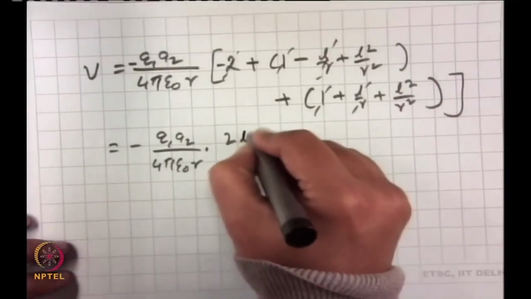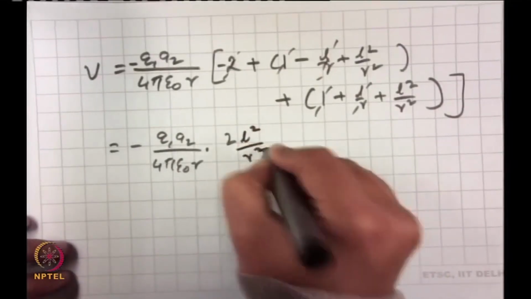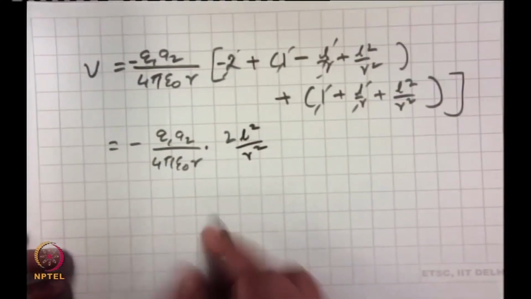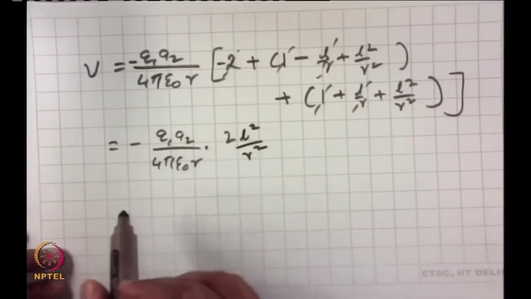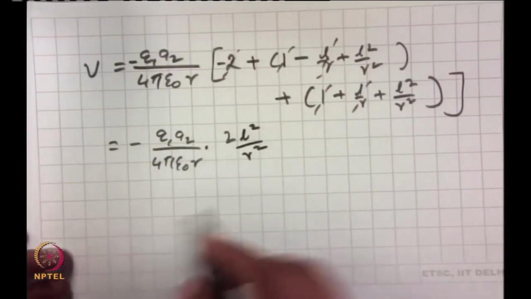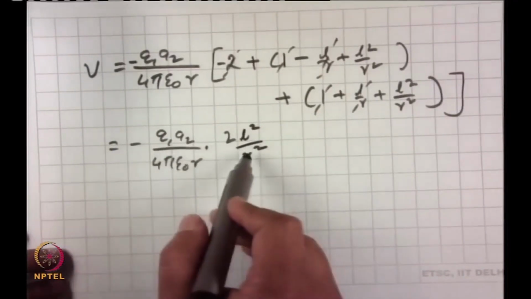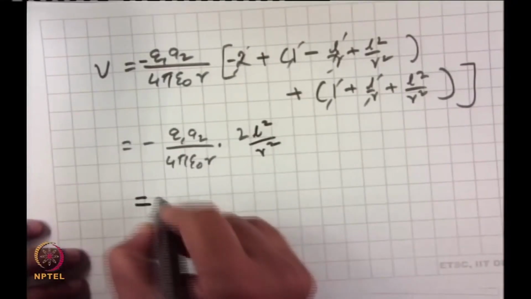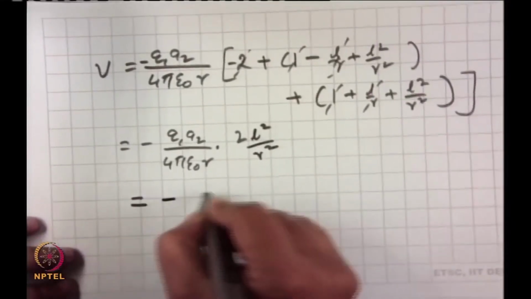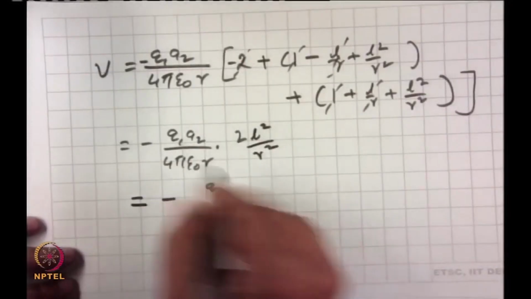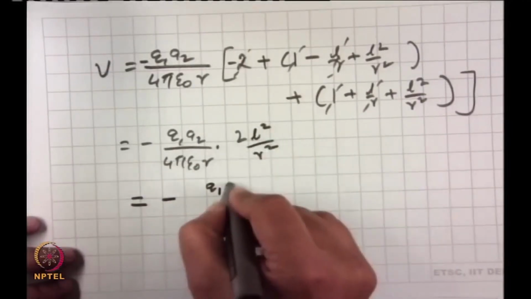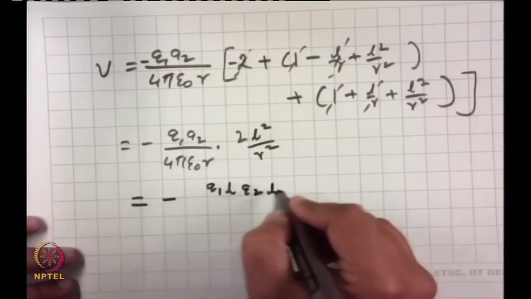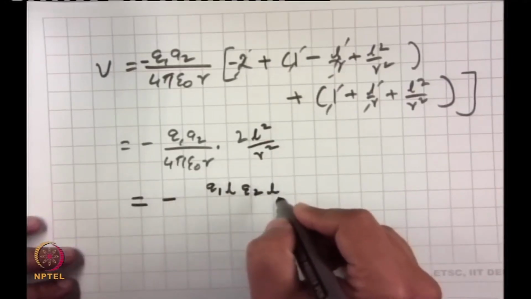2 L square over r square. Now, if I am having 2 L square over r square, just think about this, how can I simplify it further? I can say it is minus q1, then I can take L out here, I can also write q2 L out here because we started with L, the length of the dipoles was the same.